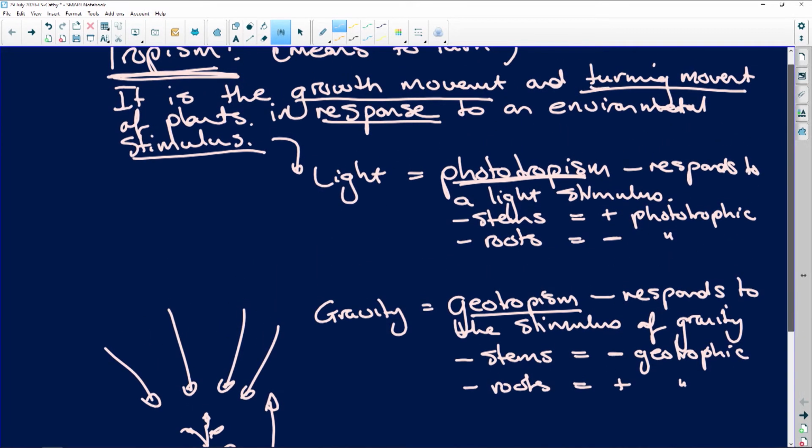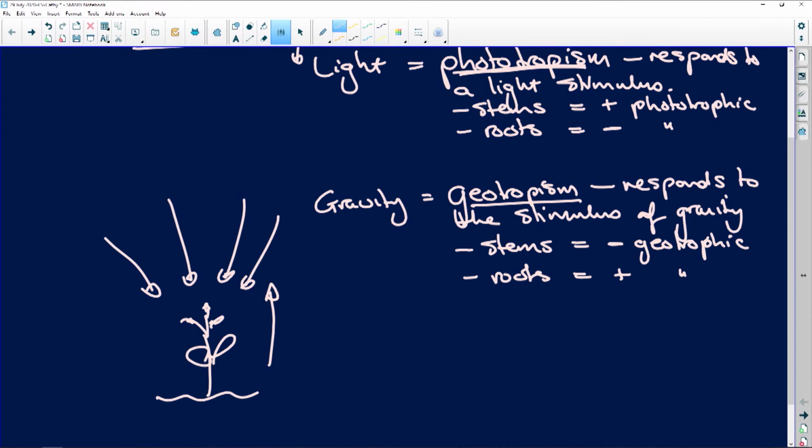There's no turning movement or growth movement towards the light, so it is not responding to the light. The fact that the plant grows upwards means that it is negatively geotropic, and the roots grow down, which means that they are positively geotropic. That's what makes this plant grow up.